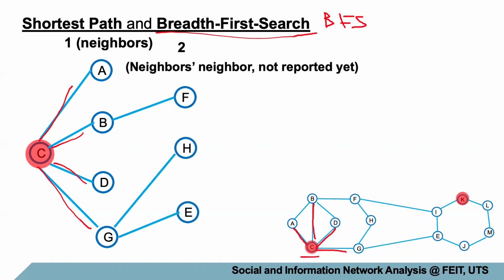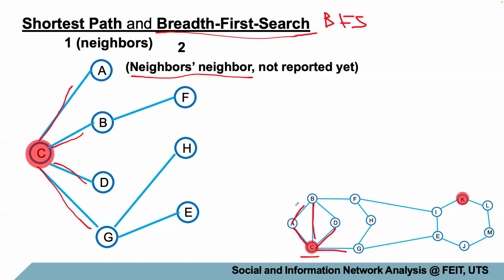And we continue from these neighbors, which we call neighbors' neighbors, like those not reported yet. If we go from A to B, B has been reported, so we don't need to record it.